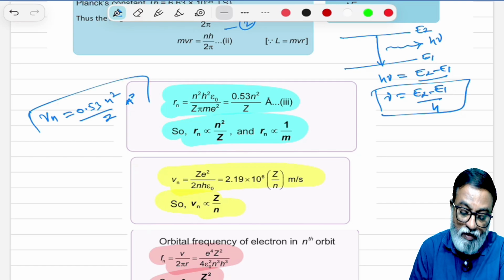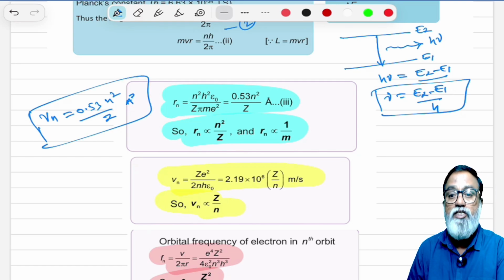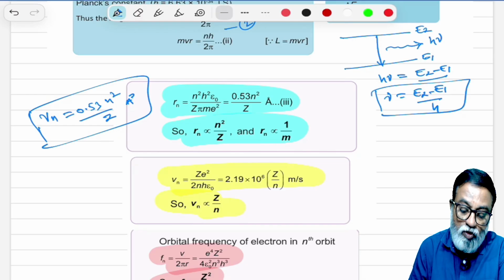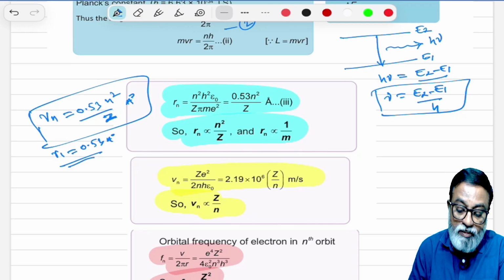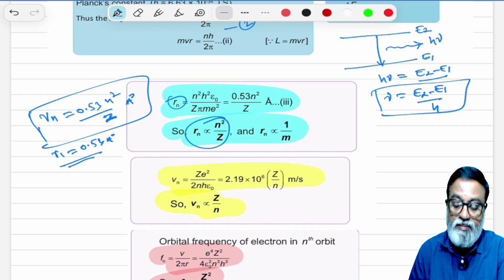This is the important formula. For example, n is equal to 1. For a hydrogen-like atom with Z equal to 1, therefore R1 is equal to 0.53 angstrom. This is called Bohr's radius. Here, the radius of the nth orbit is proportional to n square by Z.